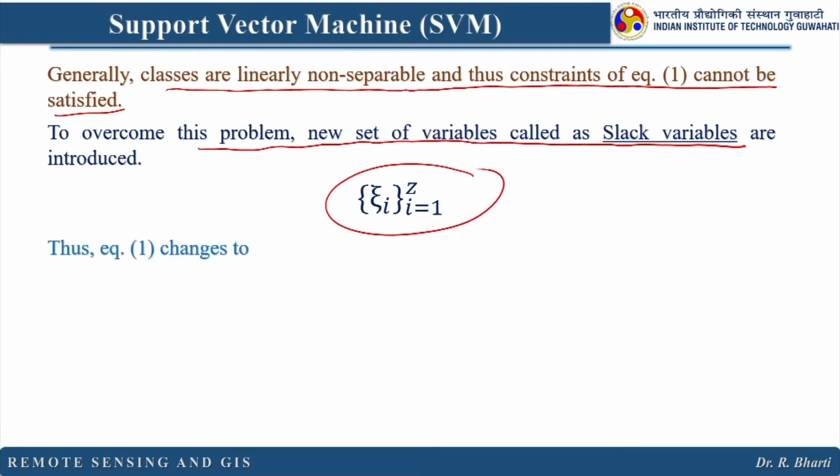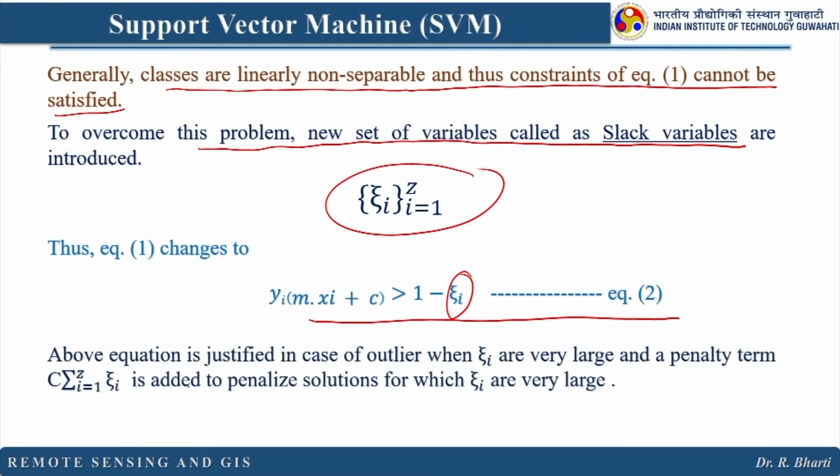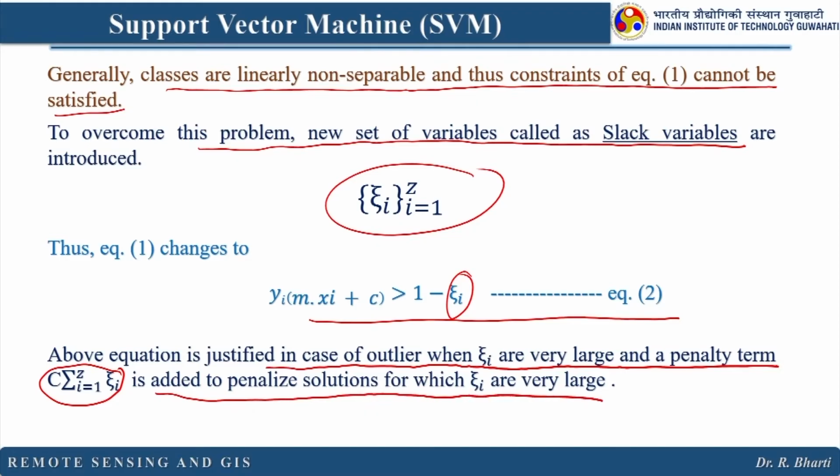Thus equation 1 gets changed to this one where this xi is introduced. The above equation is justified in case of outliers when xi are very large, and a penalty term, this one, is added to penalize solutions for which xi are very large.